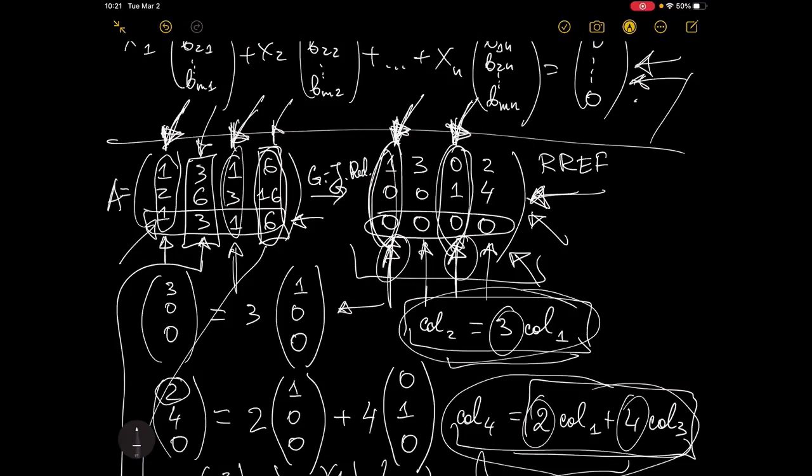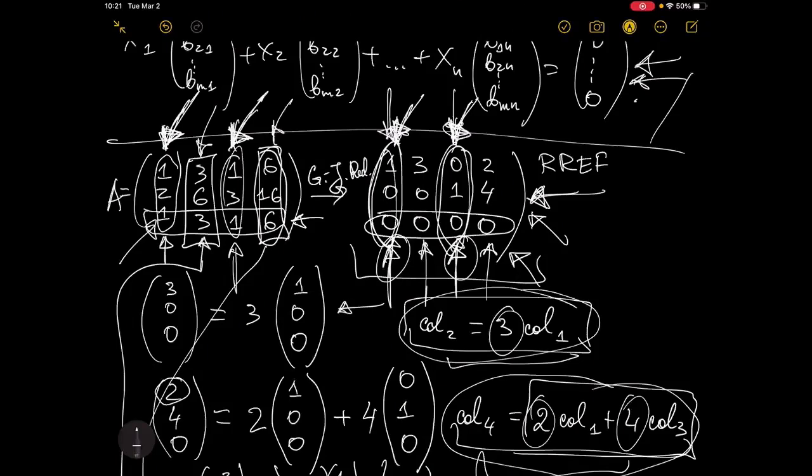Right. But because relations between columns do not change, it means that in the original matrix, the columns with the same column numbers will also be linearly independent, right? Or not? Right.